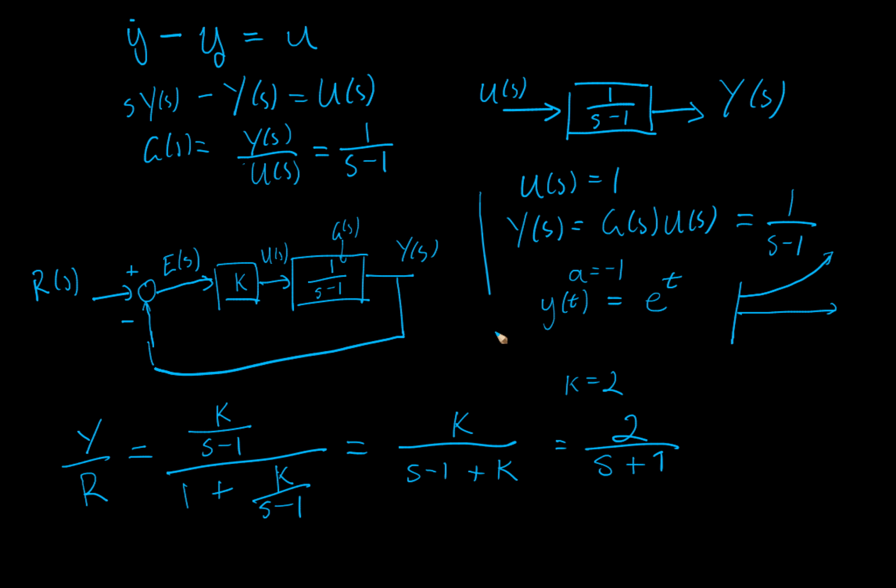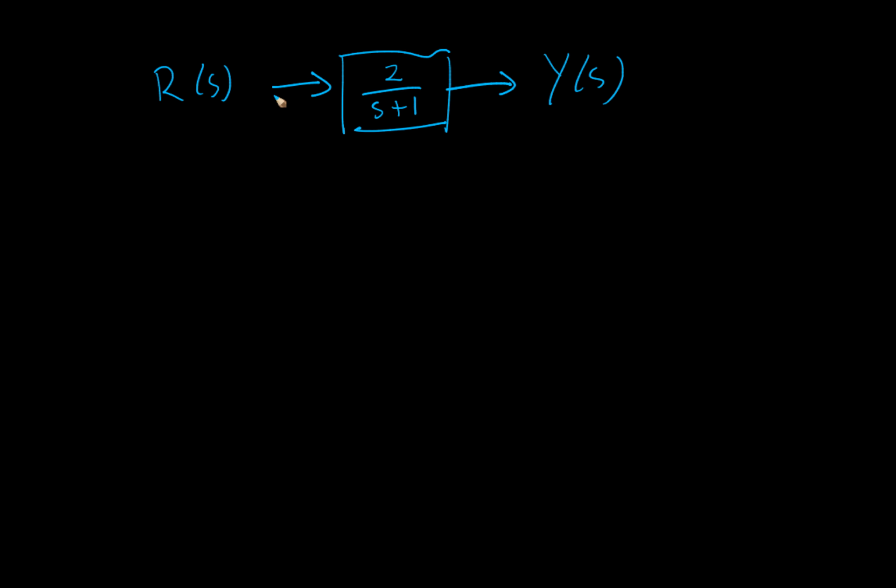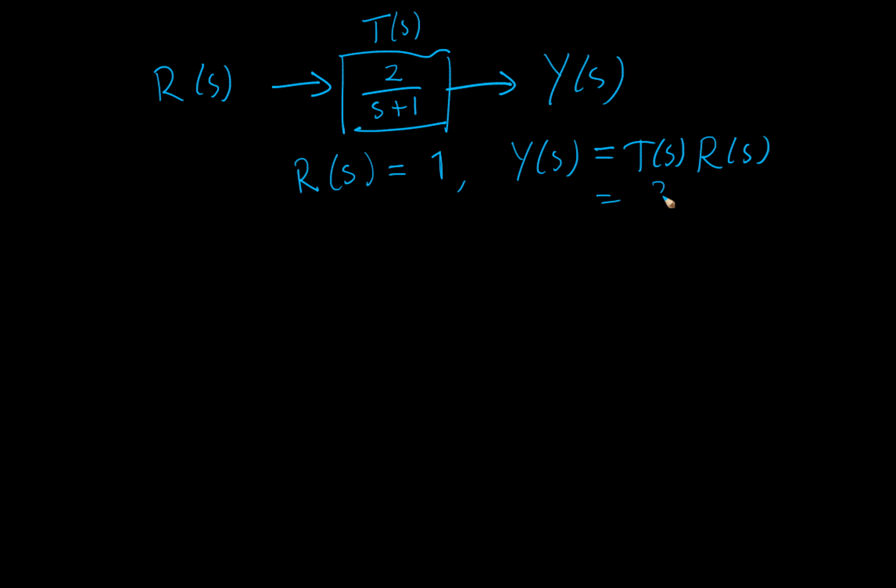And then we're going to do the same thing that we did here to analyze the response to an impulsive input. If we've got an impulse input on reference, then the reference is equal to 1. And so y of s, let's call this t of s for the closed loop transfer function, that's a letter we sometimes use for that. Y of s equals t of s times r of s equals 2 over s plus 1.